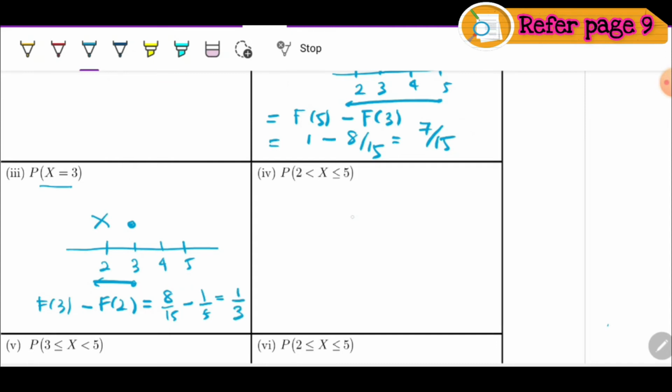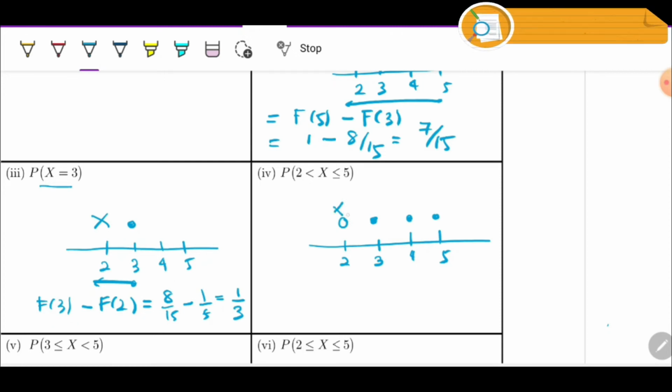Question number 4. Find the probability x between 2 and 5 but not including 2. So draw a number line. 2, 3, 4, 5. So start from 2 but not including 2, so 3, 4, 5. Okay.